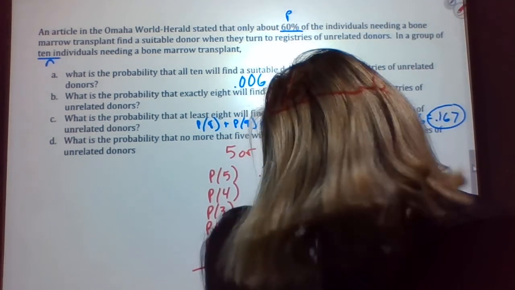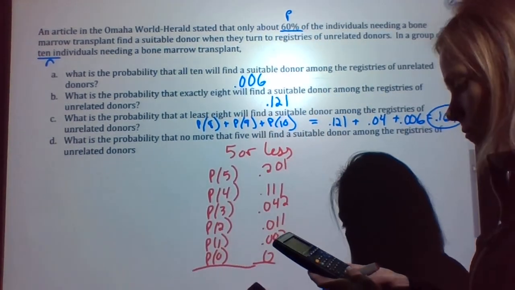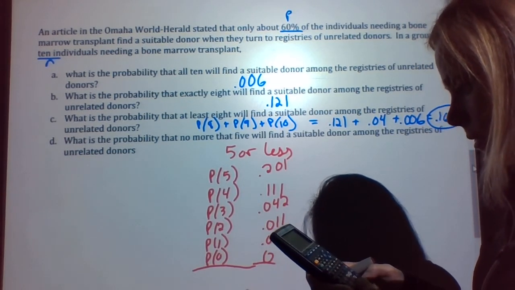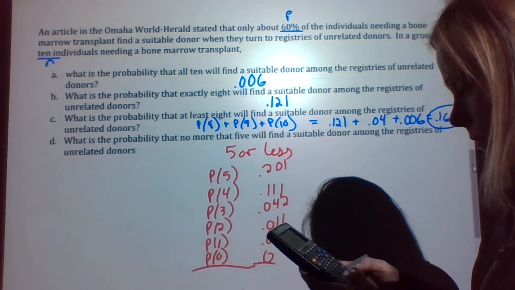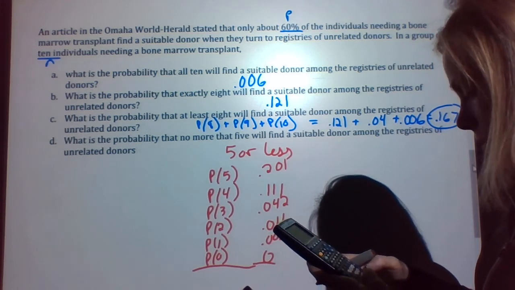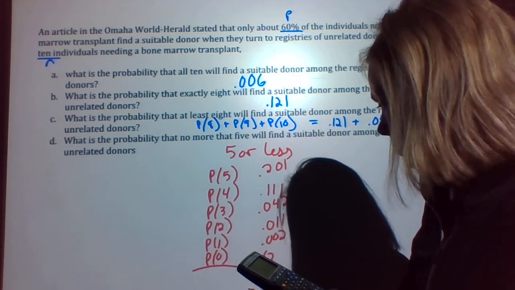Add those together. 0.201, 0.111 plus 0.042, 0.011 plus 0.002, 0.367.